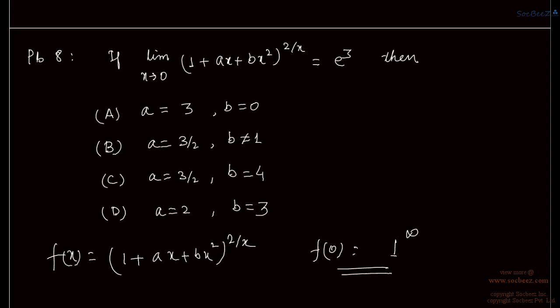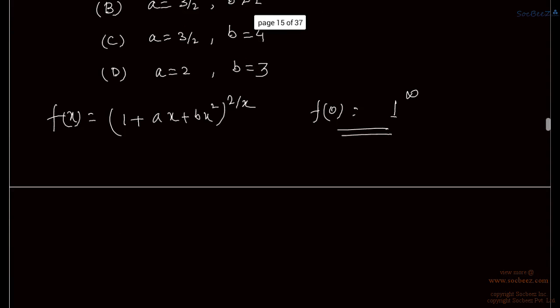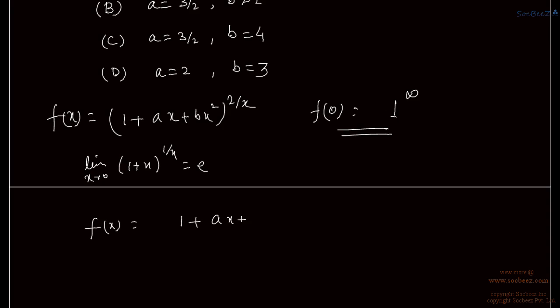So now again we are going to use the formula limit x tends to 0, (1 plus x) to the power 1 upon x is equal to e, right? So we can write f(x) as (1 plus ax plus bx square) to the power 1 upon (ax plus bx square), into 2 times x into (ax plus bx square) upon x, right?